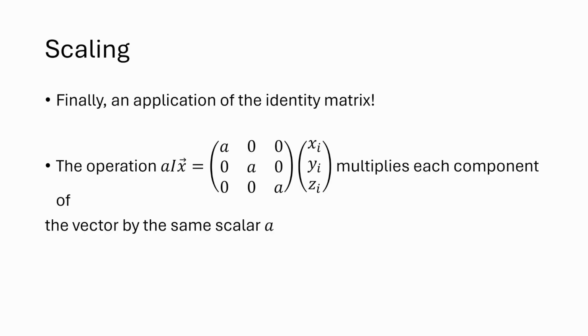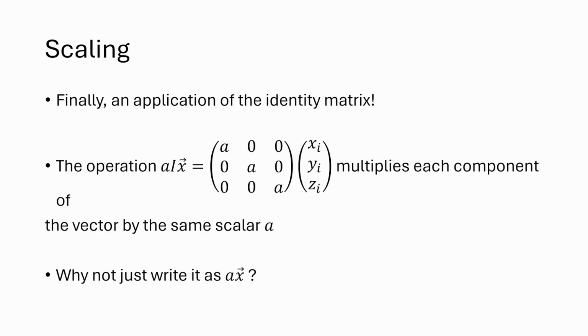This also gives another way to define the identity matrix: it is the matrix that represents the transformation of not doing anything, which I guess sounds a little boring when I put it that way. It's by analogy to the number 1. The number 1 is the number that when you multiply it by something else doesn't change it. That's really what it is at the end of the day. And so the identity matrix behaves similarly.